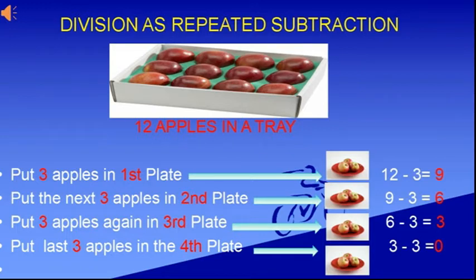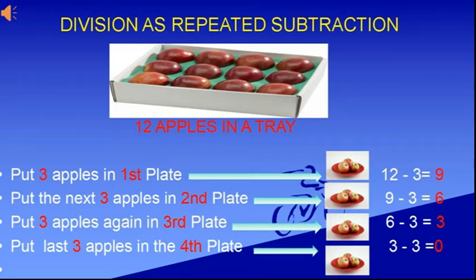First of all, we will put 3 apples in the first plate. So, 12 minus 3 equal to 9. 9 apples are left in the tray. Now, out of these 9 apples, let's take out 3 more apples again and put them in the second plate. 9 minus 3 equal to 6. So now 6 apples are left in the tray.